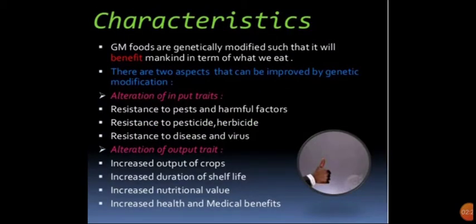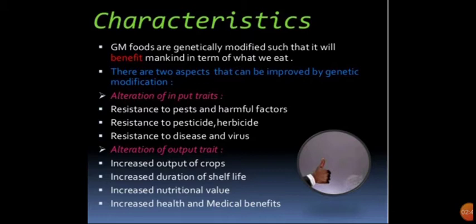So the next slide is about characteristics, the major characteristics involved in genetically modified crops. There are two major aspects that can be improved by genetic modification: alteration of input traits and alteration of output traits. Alteration of input traits means these genetically modified crops are resistant to pests and harmful factors.